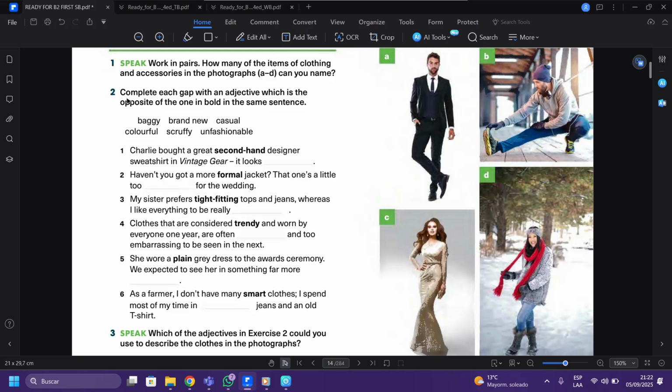Number 1. Charlie bought a great second-hand designer sweatshirt in vintage gear. It looks what? It looks baggy, brand new, casual, colorful, scruffy, or unfashionable. What do you think is the adjective that best fits here?